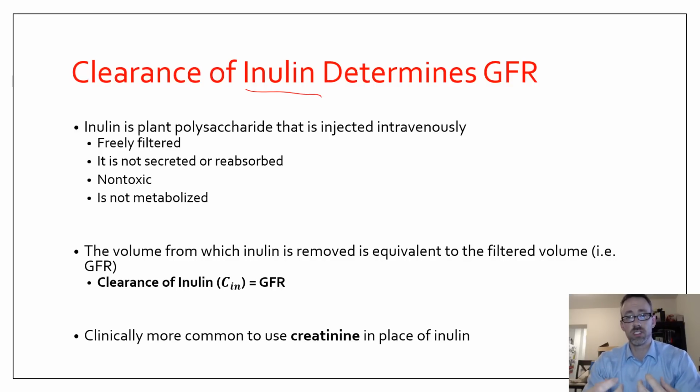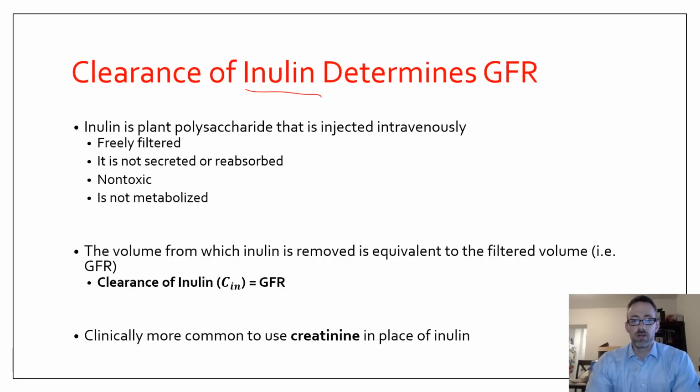So once it gets filtered into the nephron, it does not get reabsorbed and does not secrete more inulin into the nephron. So whatever inulin gets into the nephron is ultimately going to end up in the urine. Okay. So the amount that gets filtered is the amount that's going to end up in the urine. It's not toxic, and it's not metabolized, which of course is another useful feature.